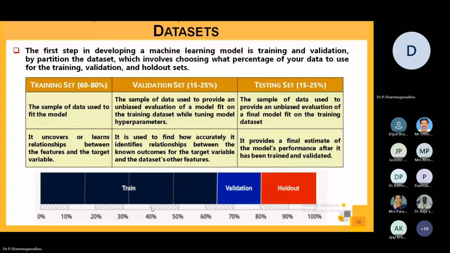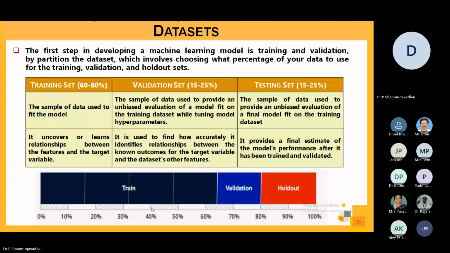Then after I finish training, I take the next 20% and use it for validation. After training and validation, I can go for testing, right? So this is called data splitting. The percentage for data splitting can be anything.